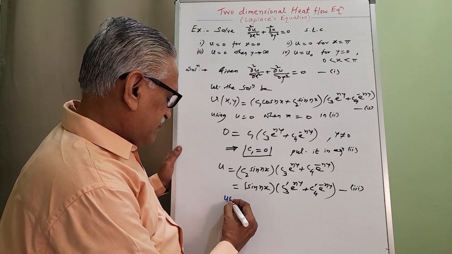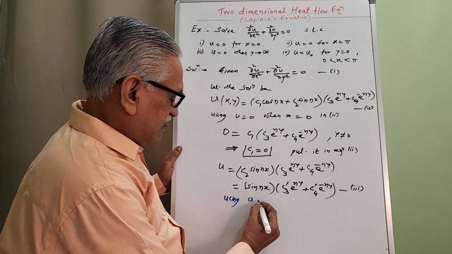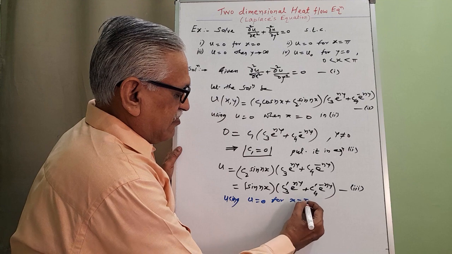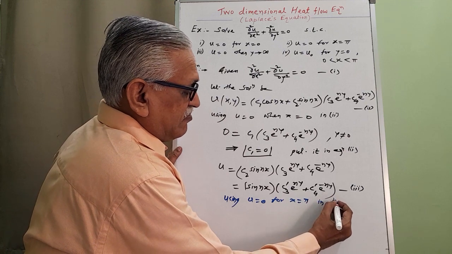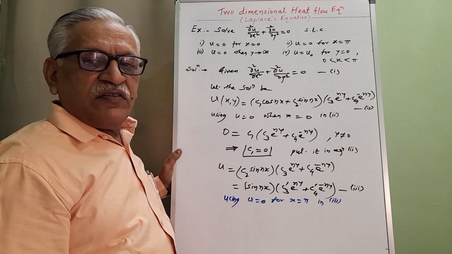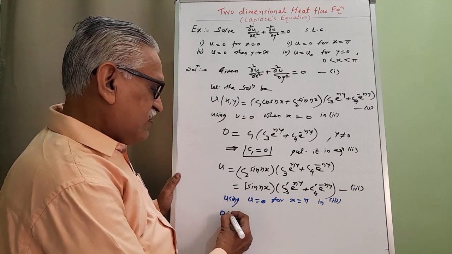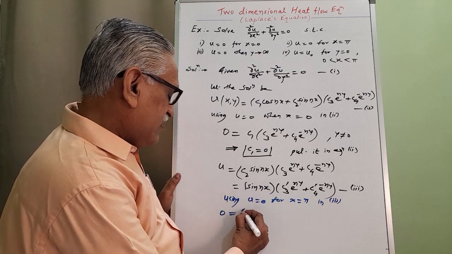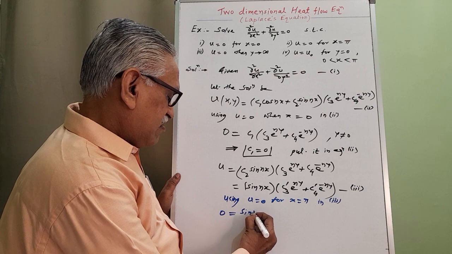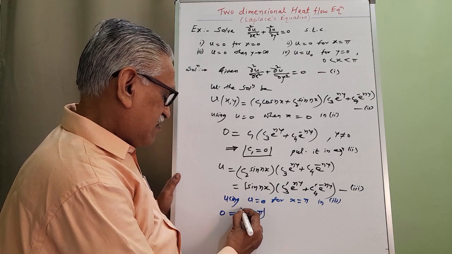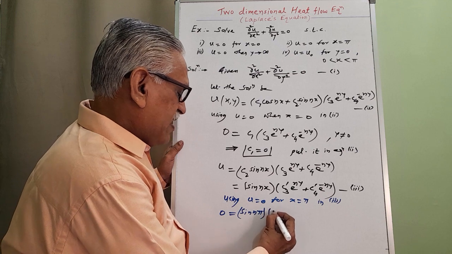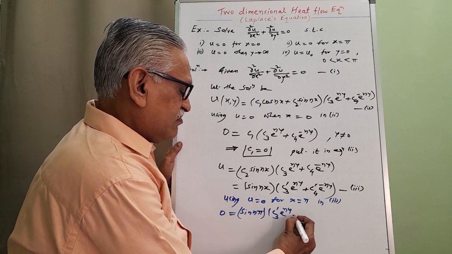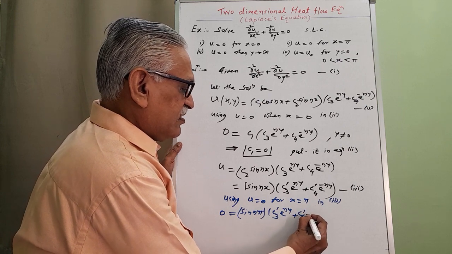Using this in equation 3, we get the left hand side as 0, the right hand side as sin nπ multiplied by (c3 dash e^(ny) + c4 dash e^(−ny)).